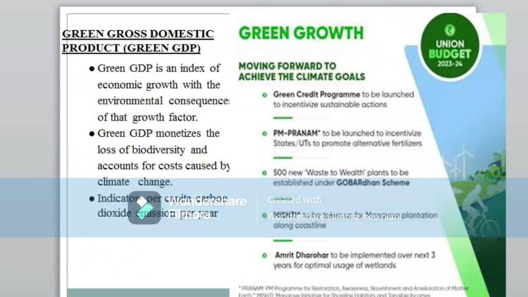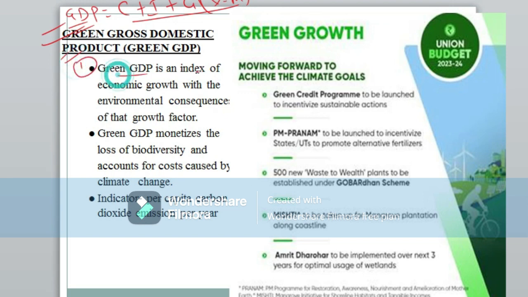Now next, green gross domestic product, one of the new concepts in the UPSC syllabus, which we study in the budget and economic survey also. Gross domestic product is consumption, income and government expenditure plus export minus import, which gives the gross domestic product composition within an economy.